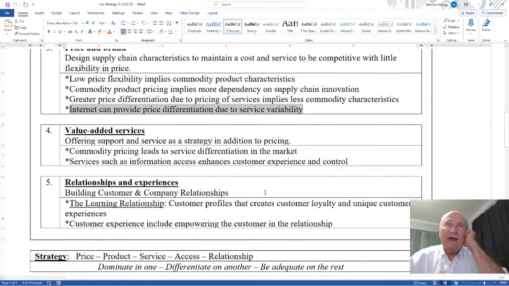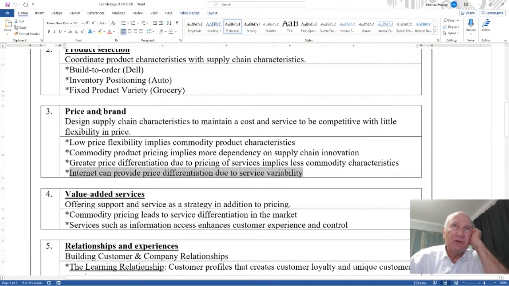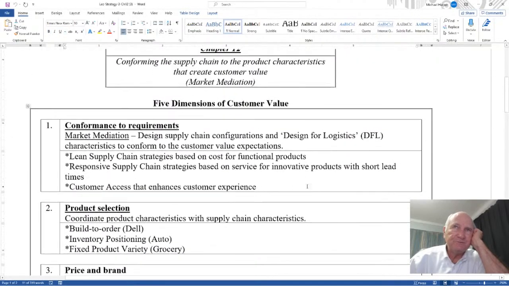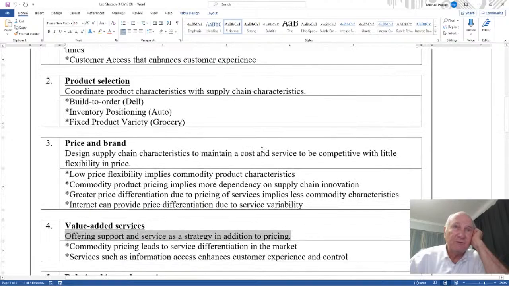And value-added services, not only price but also the services. Offering support and service as a strategy in addition to pricing is also a dimension of customer value.